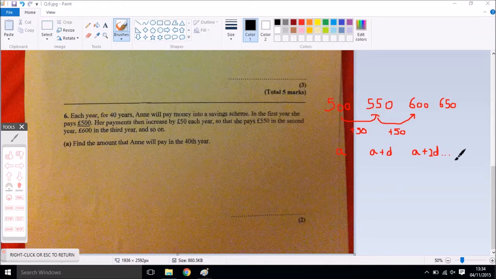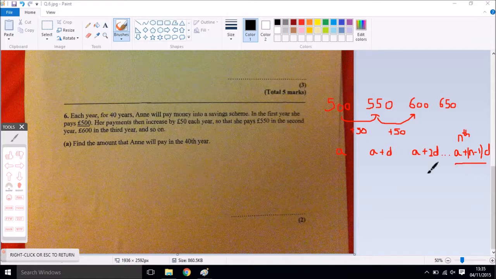So that means the nth term would actually be A plus (n minus 1)d. So whatever that term is, it's always 1 less than that term number. Okay, so that is the general formula there.